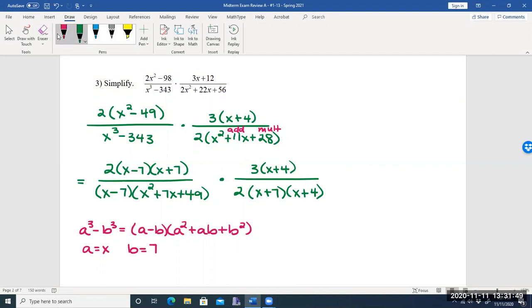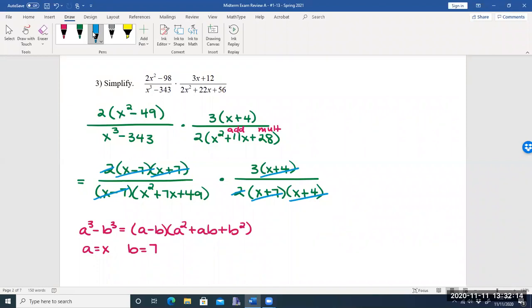Okay, now to finish, we just look for common factors in the numerator and denominator. So I've got an x plus 4 and an x plus 4. I can cross cancel an x plus 7. Looks like I can also cancel x minus 7. And I can also cross cancel these 2's as well.